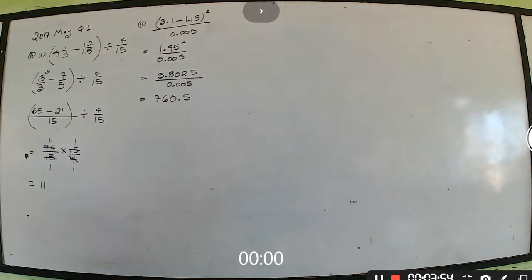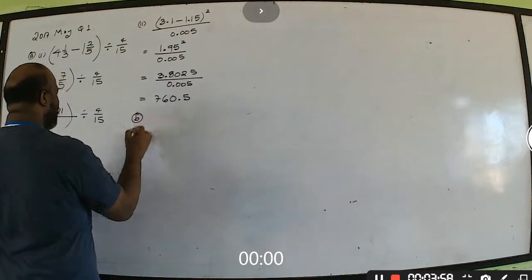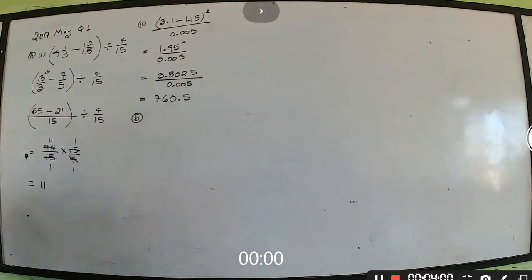Next, we're at B. B says that a store is promoting a new mobile phone under 2 plans, Plan A and Plan B. So this is the information of how we determine the cost under the different plans.